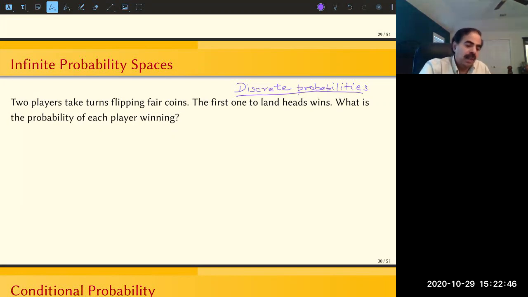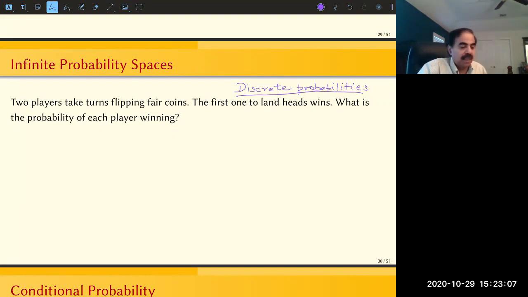Okay, so now, so far we looked at a few examples. All of them were finite sets, right? And not only finite, it is very small, right?